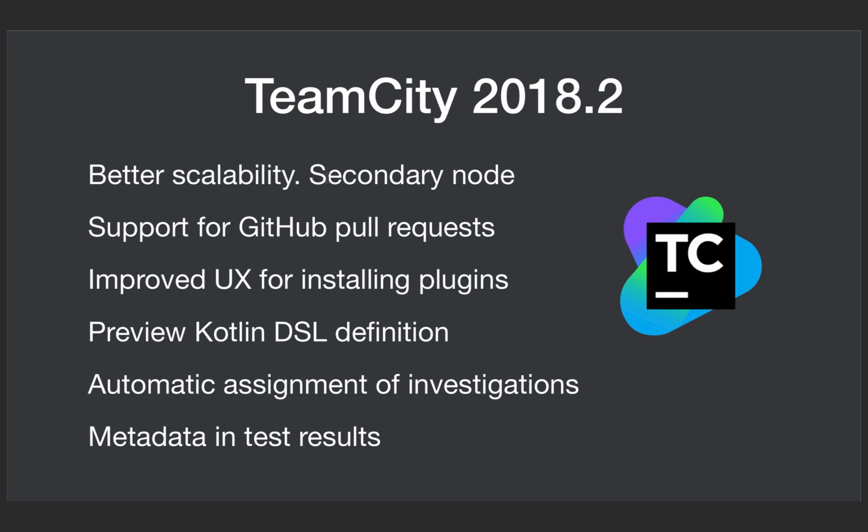Then we have pull requests for GitHub now, incorporated into the main distribution. Installing plugins is now possible without restarting the server. It's easier to author Kotlin DSL configurations, automatic assignment of investigations is a pretty cool one, and you can attach some metadata to your test results as well.